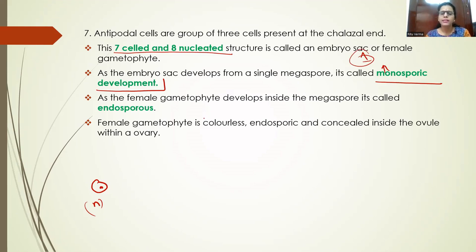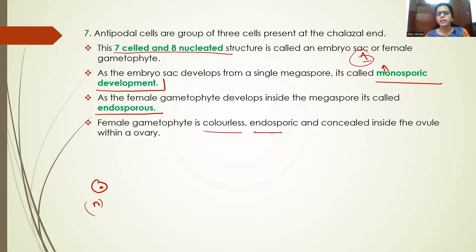And as this female gametophyte develops inside the ovule, it is known as endosporous. Remember, the female gametophyte is colorless. It is endosporic because it develops inside the ovule.